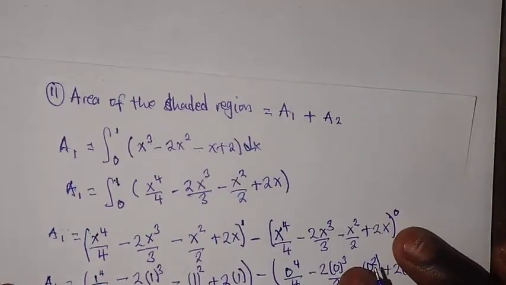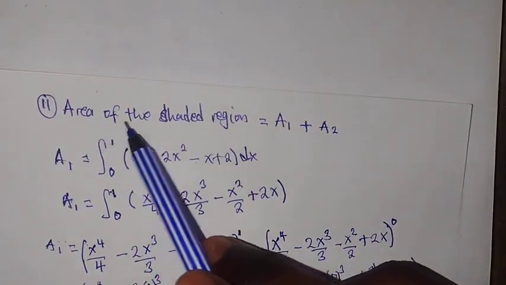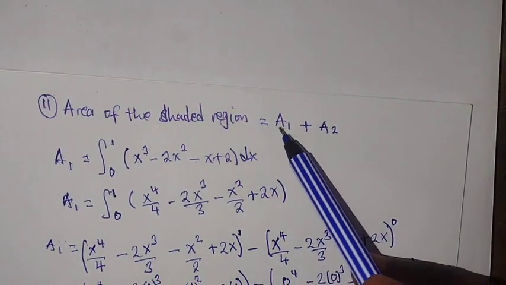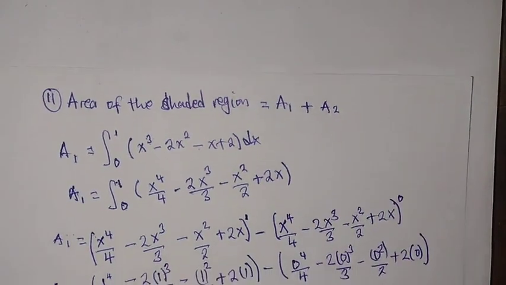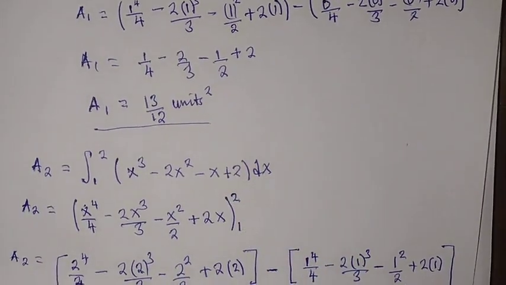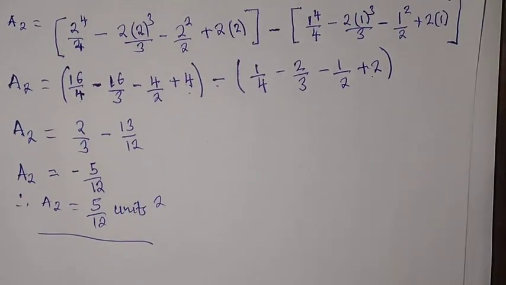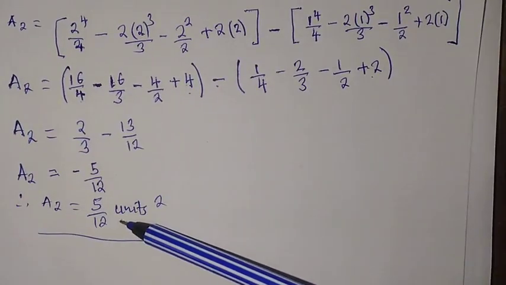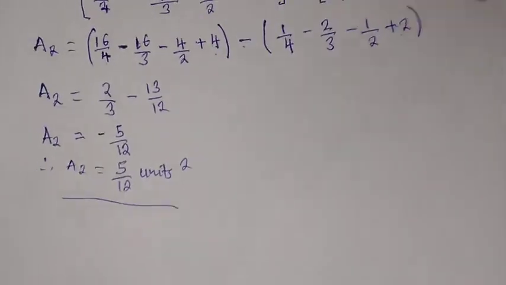We said we need to find the area of the shaded region, we need to add area 1 plus area 2. And we have found both area 1, which is this area, and area 2, which is this area. So we are just going to add these two areas.